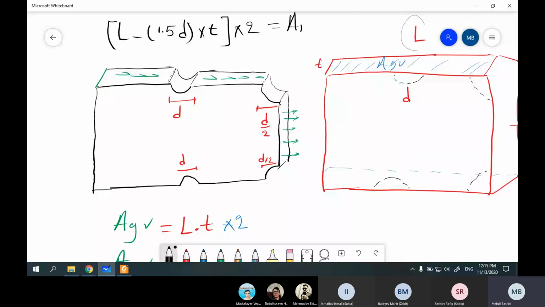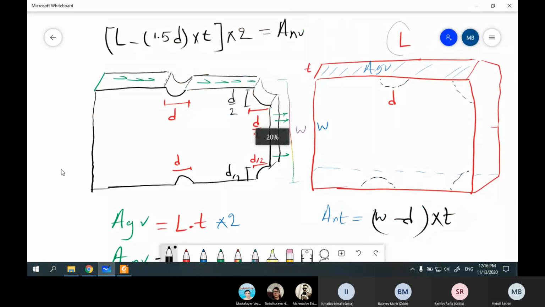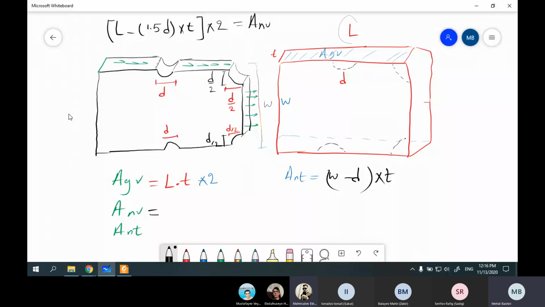This is called Anv. What about Ant? Ant is, for example, this length is W, W minus D dot thickness. Okay, understood? Yes, teacher.